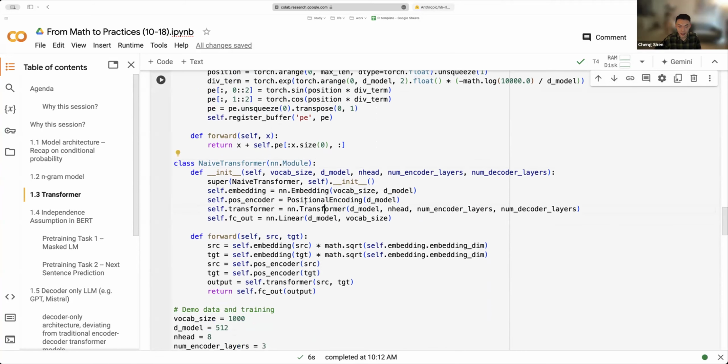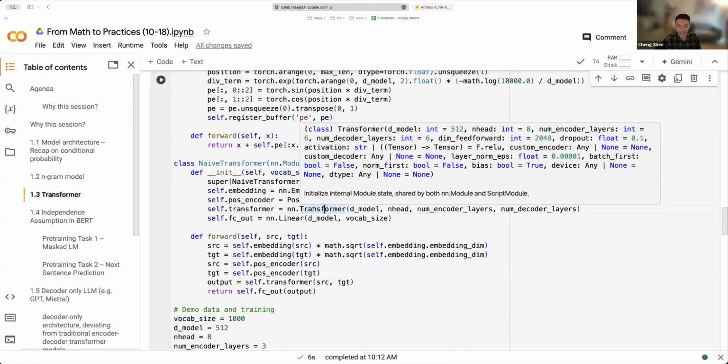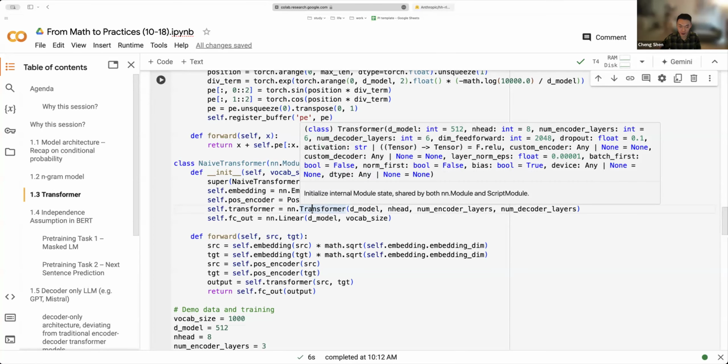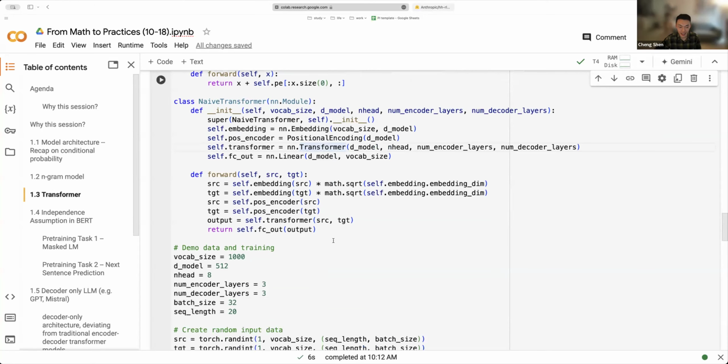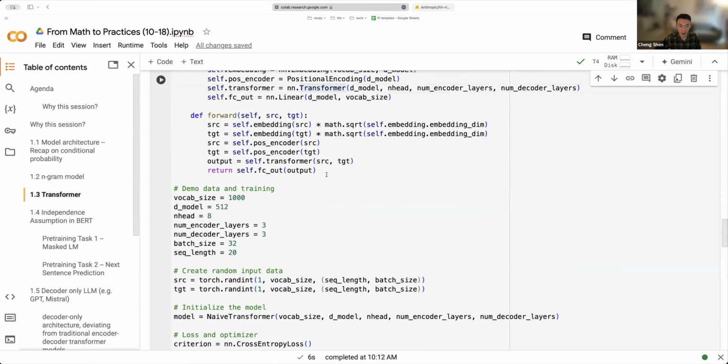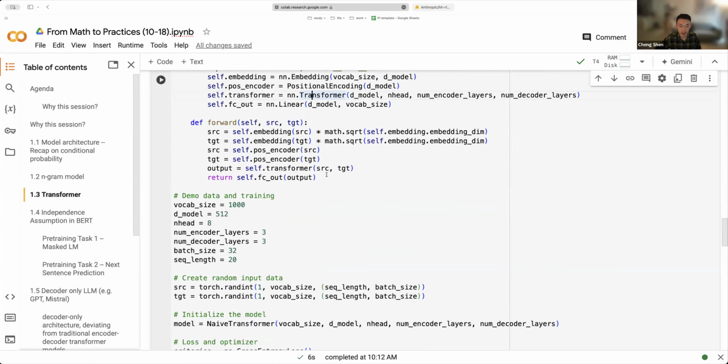I'm cheating a little bit here because I just directly import the PyTorch transformer model instead of implementing the attention heads and feed-forward network myself.